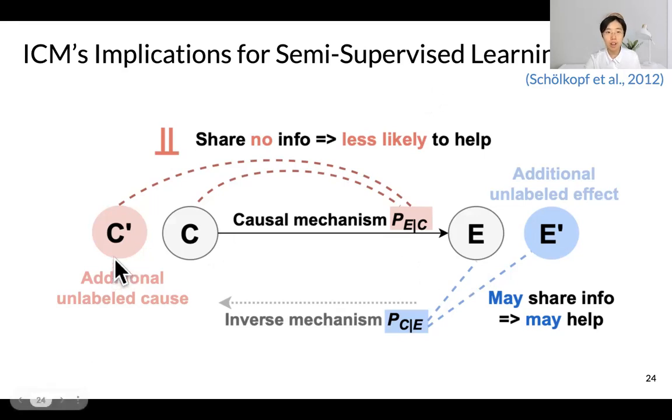And C prime, by the ICM, should share no information with the causal mechanism here. Whereas if you're learning in the anti-causal direction, then your additional input data will be additional unlabeled effect, and the effect will very likely share information with the inverse mechanism.